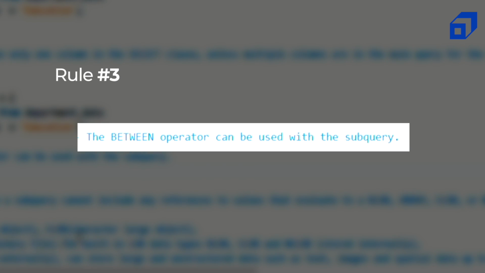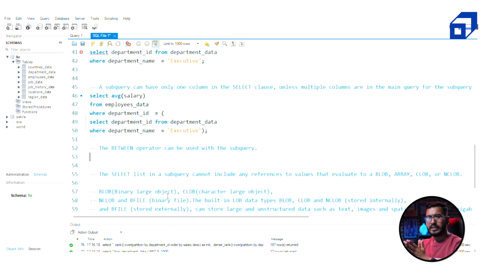Let's now understand the third rule of writing subquery. The between operator can be used with the subquery. Let me give you one example to understand this. Let's first of all find out the minimum and the maximum salary of employees working in department 30. So select max of salary from the table employees_data, where department ID is equal to 30.